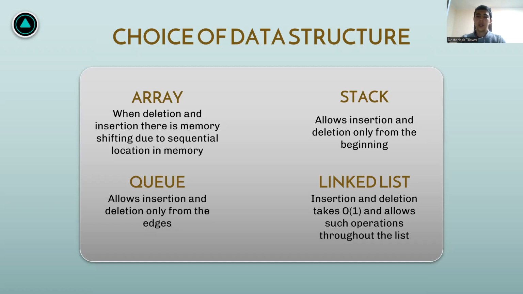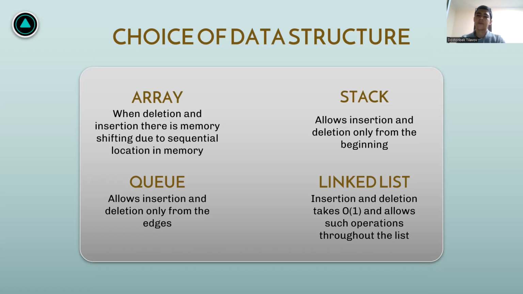If we use a stack, we are only allowed to work with just the top value of our data structure. If we use a queue, we are only allowed to insert or delete only from the edges, but we don't want this. So we'll use a linked list based on a stack approach.